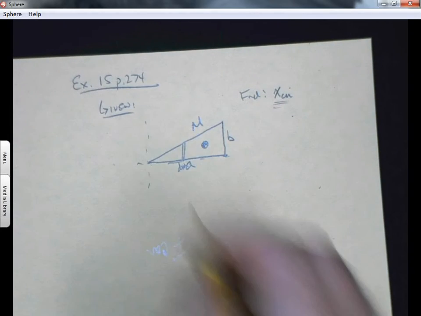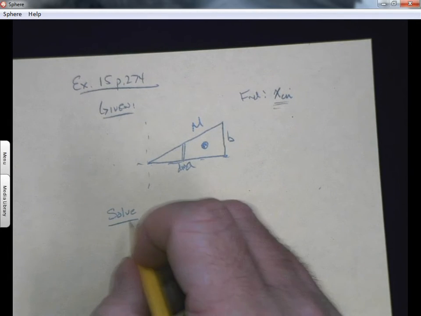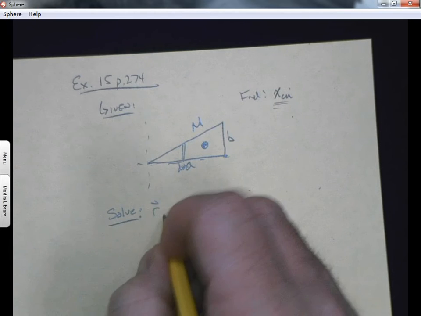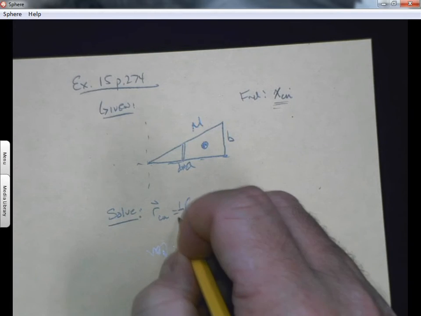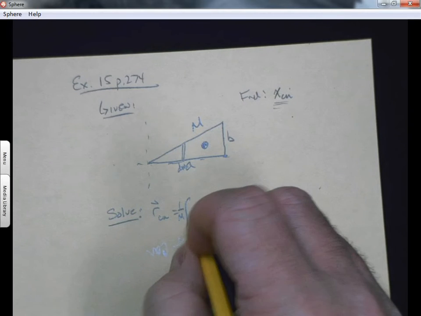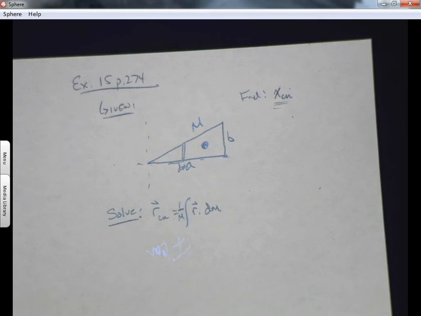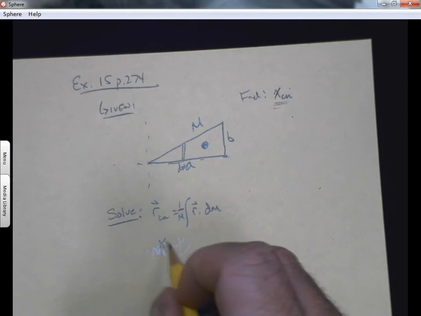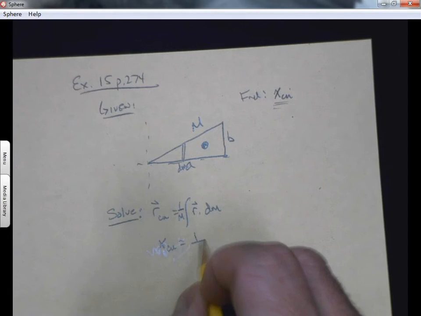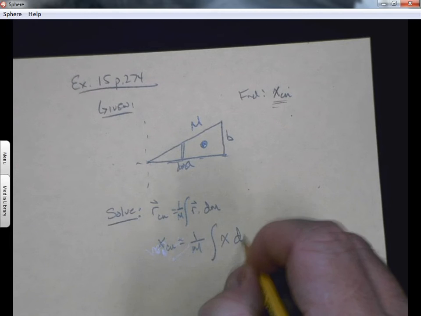All right, we want to solve, but if we're just looking for the x direction, then we just want x cm equals 1 over m integral of x dm.